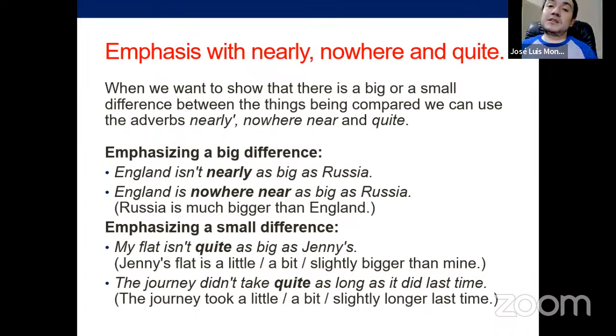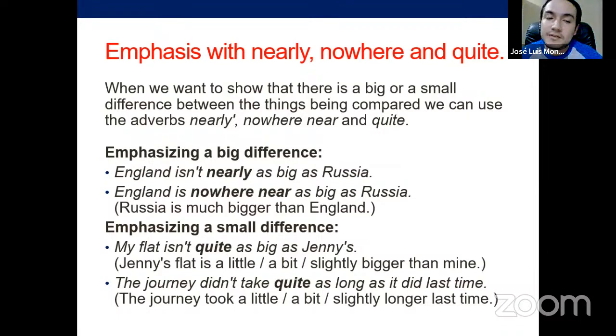Now, emphasis with nearly, nowhere near, and quite in negative ideas or big differences, it's related to this. When we want to show that there is a big or small difference between the things being compared, we can use the adverbs nearly, nowhere near, and quite. So emphasizing a big difference: England isn't nearly as big as Russia. It means that Russia is way bigger.